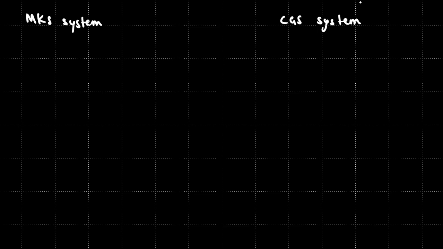MKS and SI are pretty similar, so you can say they are equivalent, but they are not the same. MKS has only 3 fundamental units, whereas SI has 7 fundamental units, and also SI has 2 supplementary units, which MKS does not have. That is something to know about the MKS and SI systems, but they are basically the same.